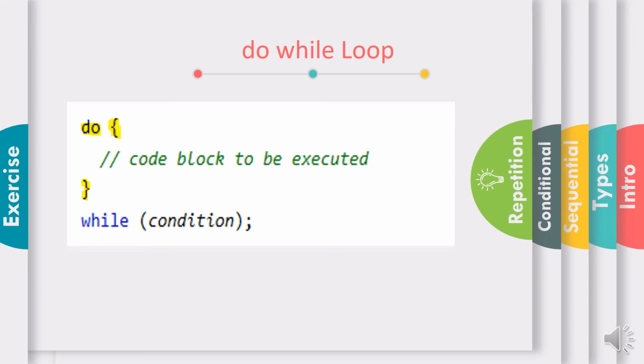After the body, we write down the reserved word while, and after while we mention the condition, and please notice there is a semicolon in the do while loop. So this is the third difference: we do not put any semicolon in for loop and even in while loop, but we do mention the semicolon at the end of the condition in do while loop.